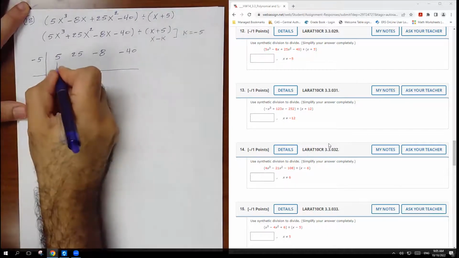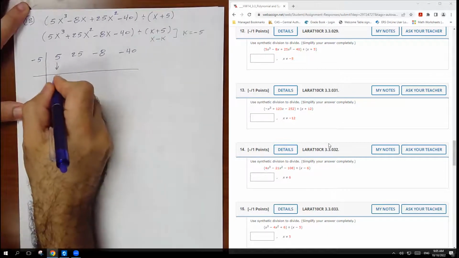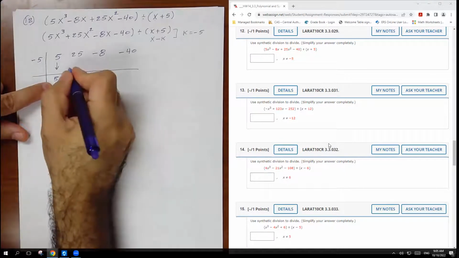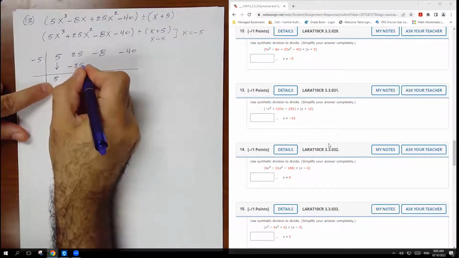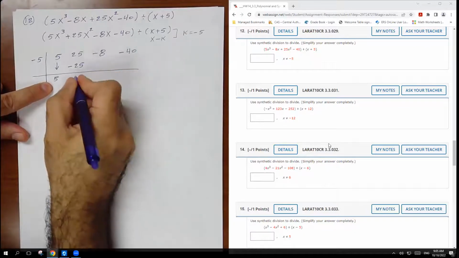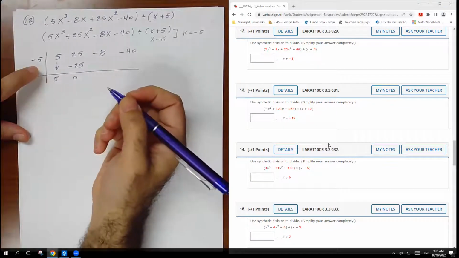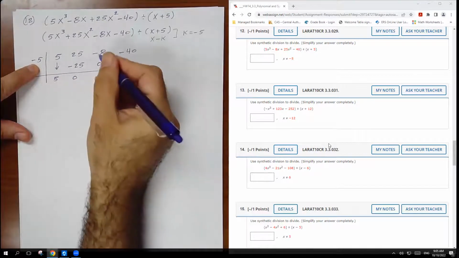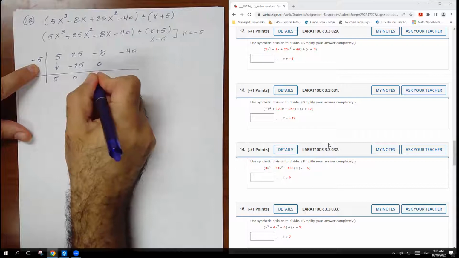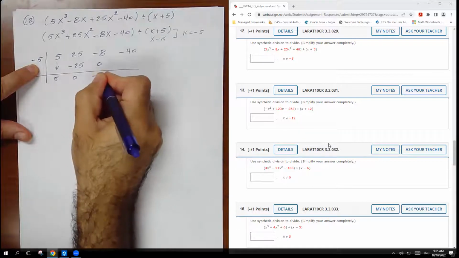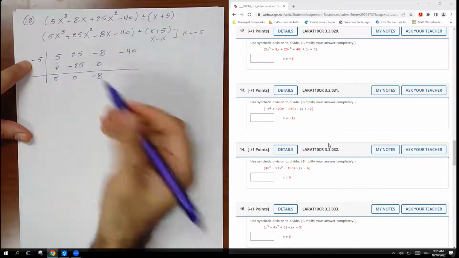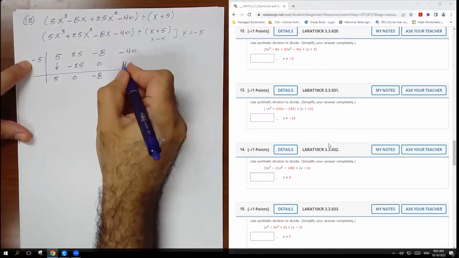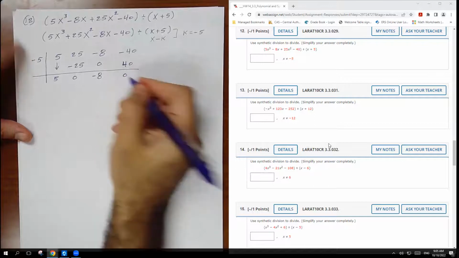I'm going to write down the first number, which is 5. Now, negative 5 times 5 is going to be negative 25. Add these together is going to be 0. Negative 5 times 0 is going to be 0. Add these together is going to be negative 8. Negative 5 times negative 8 is going to be positive 40. Add these together is going to be 0.